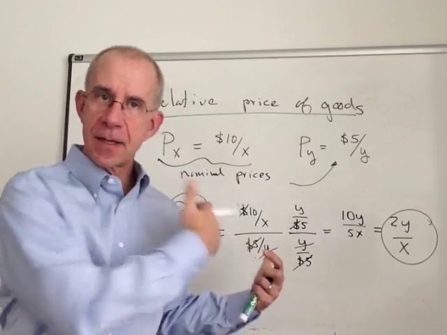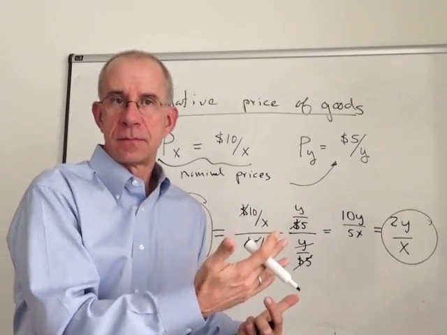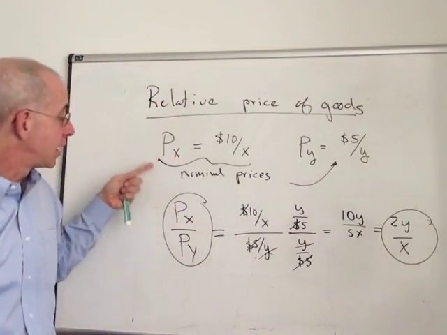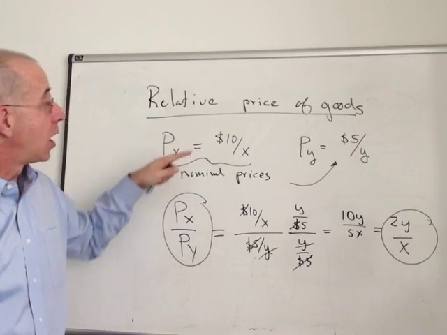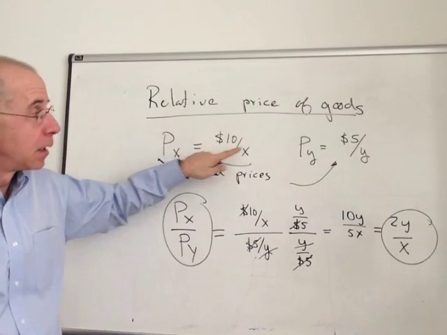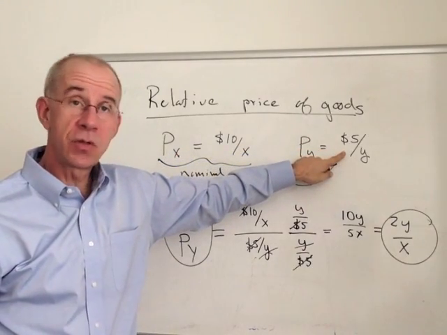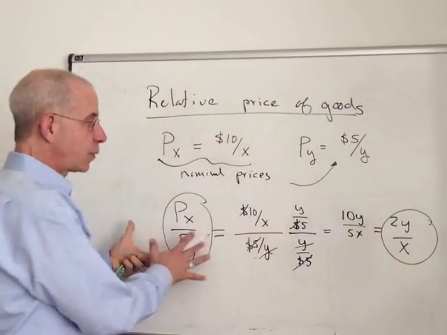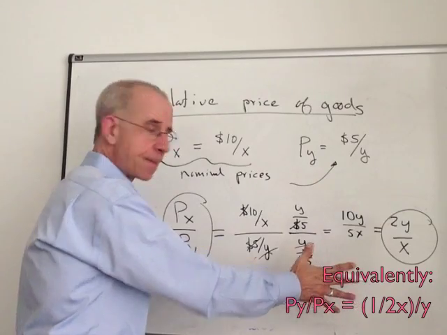So let's back up and think about what we started talking about in the beginning with the intuition. With these prices, if I buy a unit of X for $10, I give up the opportunity to buy 2 units of Y that only cost $5 each. And that's what this algebra does.